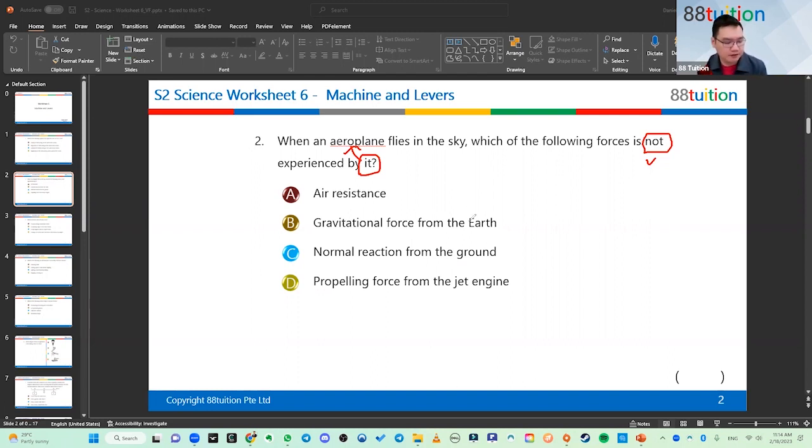C, normal reaction from the ground. And D, propelling force from the jet engine. So we have 4 options here. Which one is the correct answer?